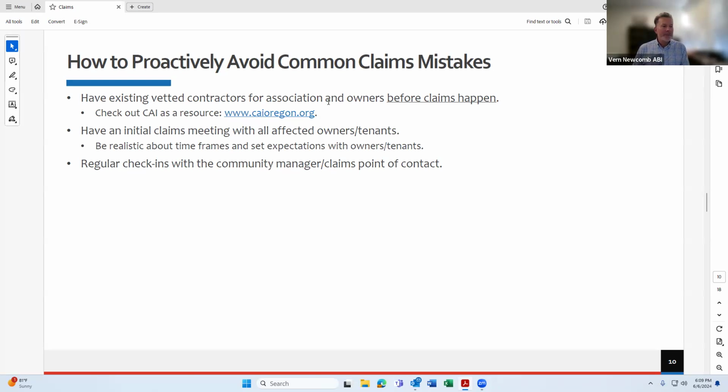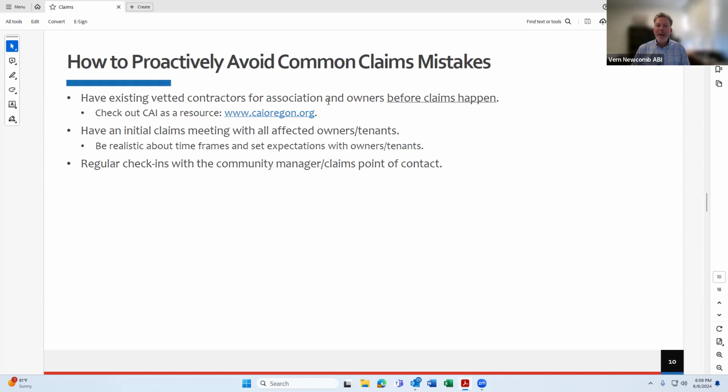Have an initial claims meeting that affects all the unit owners or tenants. So if there's 4 or 5 units affected, maybe have a Zoom meeting or a physical meeting that outlines the process and what the expectation is. Get everybody on board to where it reduces the frustration of, when's my unit? Why is the adjuster not contacting me? Where's the contractor?